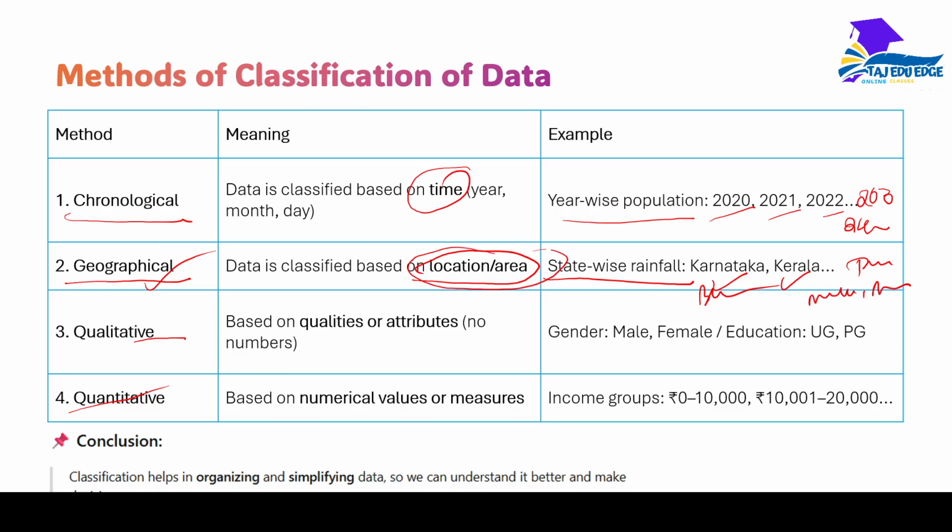Then if we are classifying data which has qualities or attributes which are not in terms of numbers, which are not measurable, that is what we call a qualitative classification of data. So what can it be? See, there are a few things which we cannot measure in terms of numbers. Let's say you have eaten an apple. If I ask you how many apples you have eaten, you can say 1, 2, 3, 4. That is a number, that is quantitative.